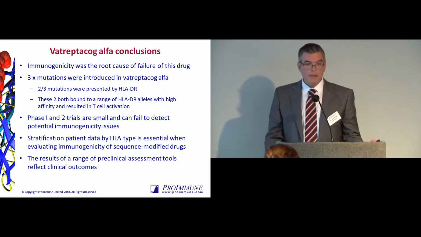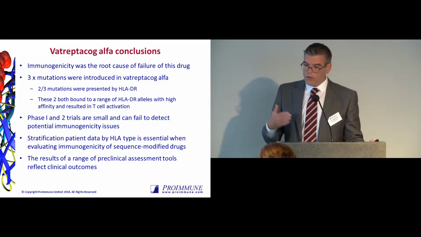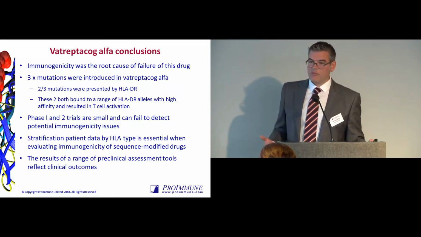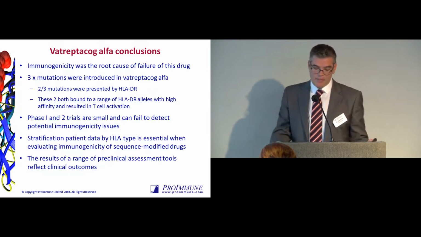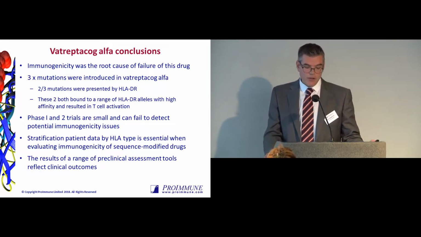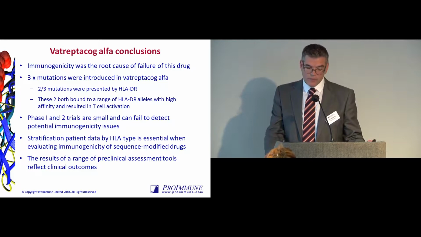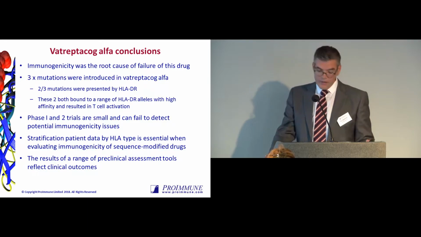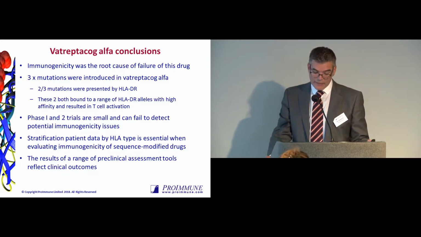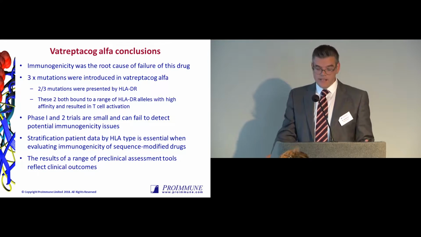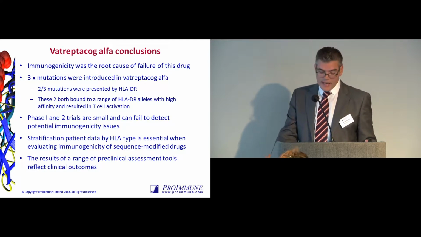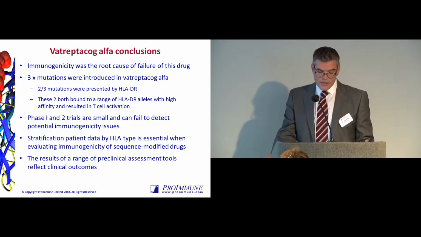So the conclusions from the paper, through the T-cell proliferation assays, the antigen presentation assays, and also physical MHC peptide binding assays, was that immunogenicity was the root cause failure of this drug. Out of the 3 mutations, 2 out of 3 of them were presented by HLA-DR, and they bound with high affinity to those DR alleles. And unfortunately, these early stage trials were just too small to detect some of these potential immunogenicity issues.